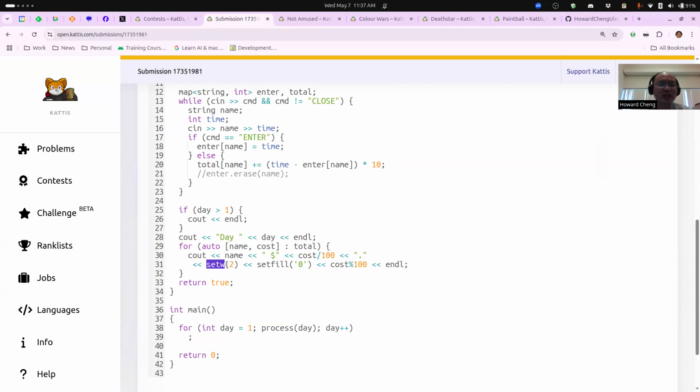And the way I do it is to say that I want to print it with a width of 2. So you always use a space of 2. And if there are any blank spots, fill it with 0. Now in this case, because everything is 10 cents per minute, this will never happen. So I actually don't need this, but I want to show you how you can do this in general.